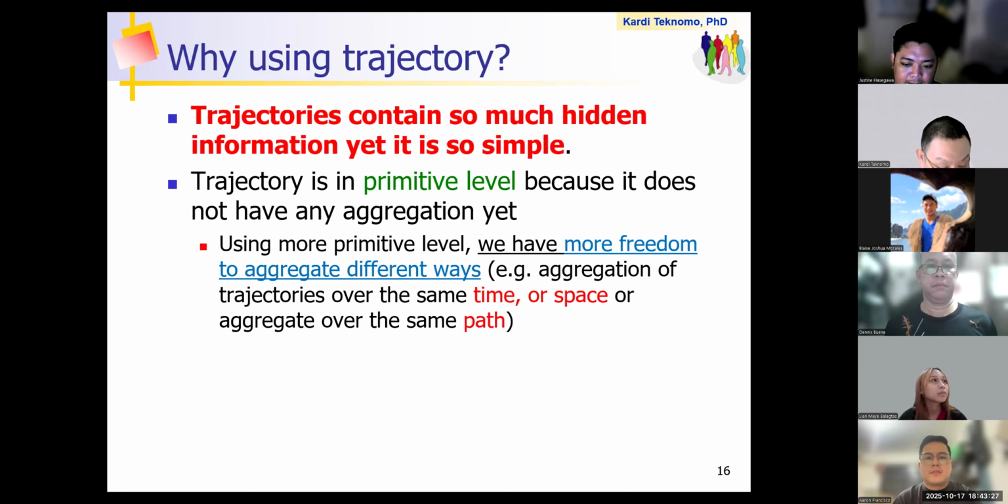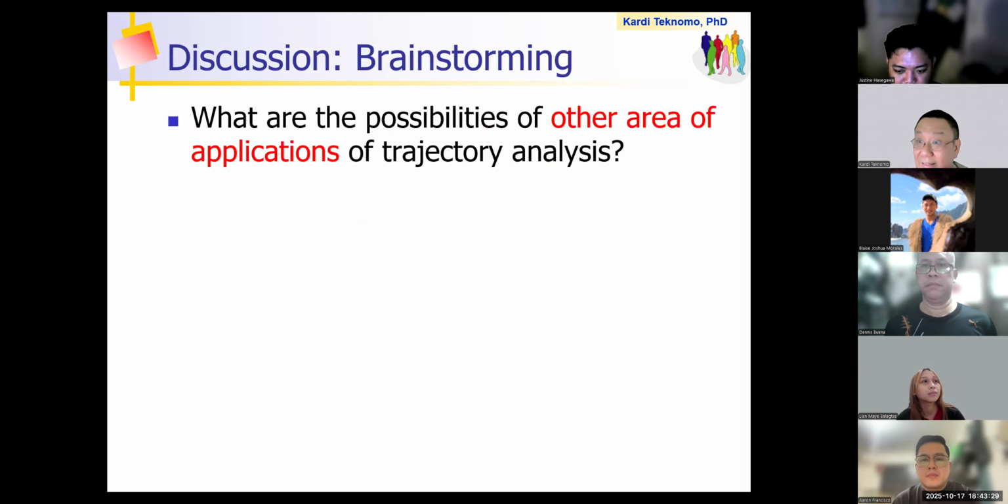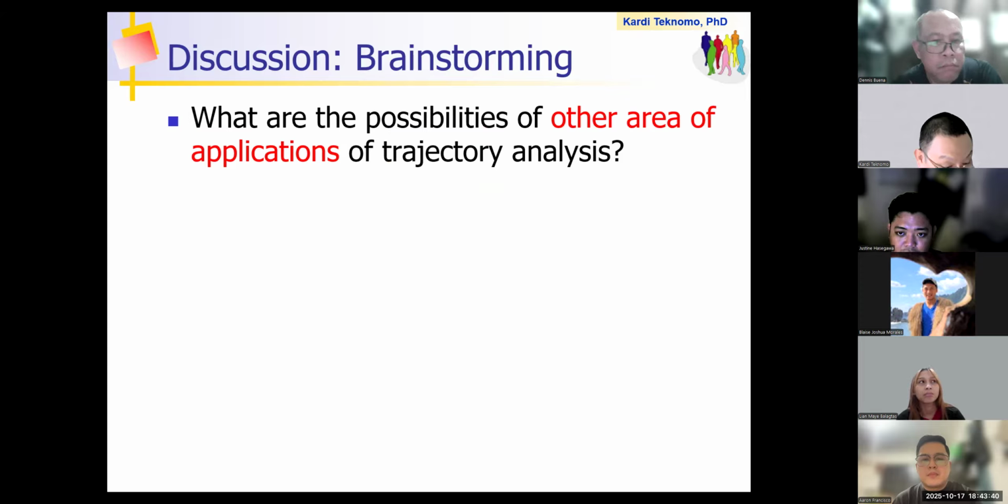So, is there any possible application in your area of application about trajectories? Yes, Dennis. Sir, can it also apply to, for example, land use changes from different satellite images?